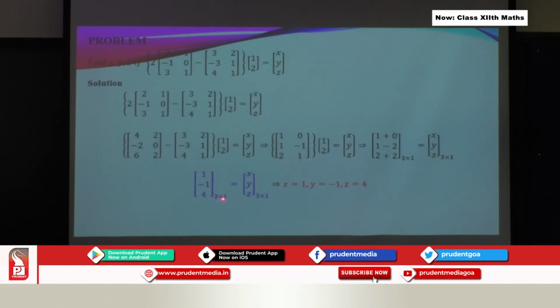So 3 by 1 is the order of your final product. Okay. So when you use first row, first column, you are getting 1 into 1 plus 0 into 2. So you are getting 1. I finished with the first, so I am going to the second row, first column.